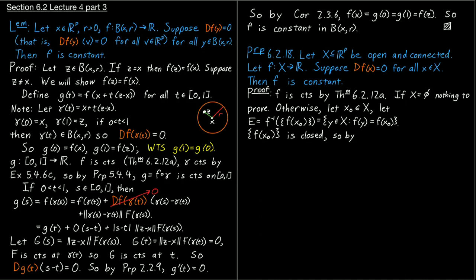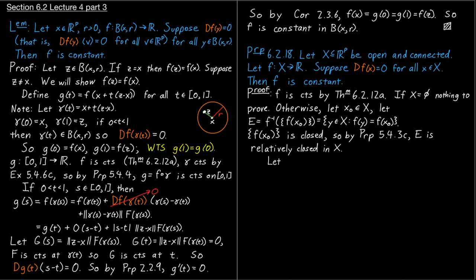So by proposition 5.4.3c, E is closed. Or at least relatively closed in X. It might not necessarily be closed in R^p because X, after all, is an open set.